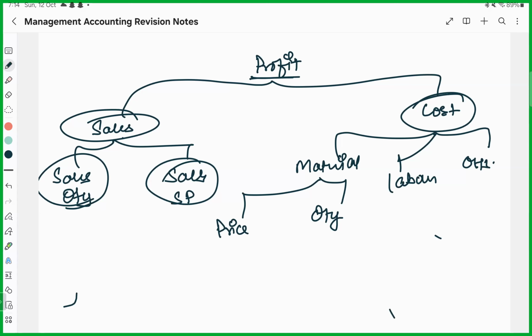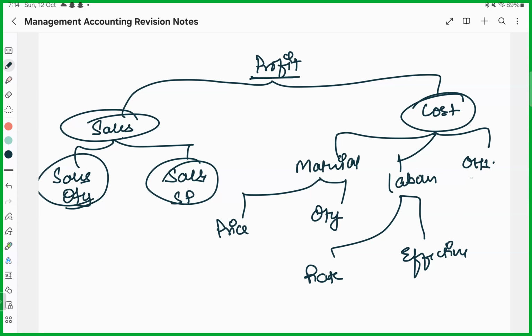Now, in case of labor, what variance can labor provide? The labor variance can come either because of the rate at which I'm paying my laborers, or because of the effective hours. We plan that our labor will provide effective hours of, say, 8 hours per day, but the labor actually provided 6 hours a day or 10 hours a day.